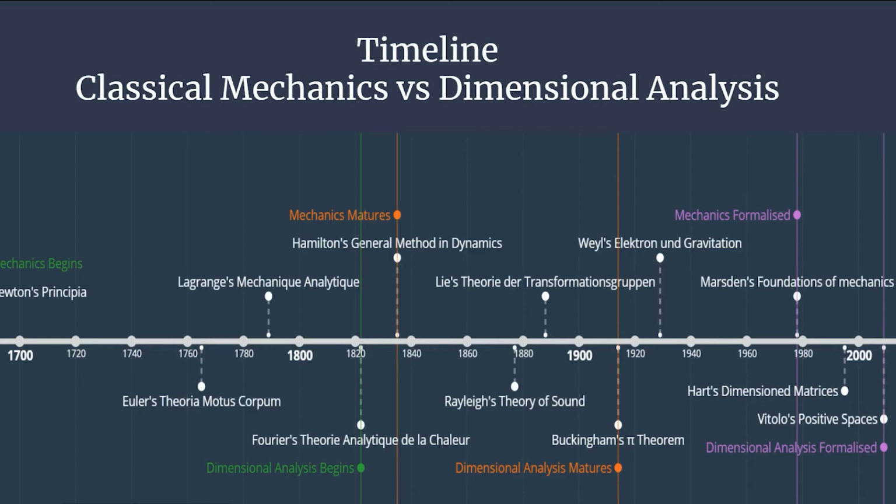So the subject really starts there as we know it today, and it begins maturing, with contributions from Rayleigh. He has a full chapter dedicated to dimensional analysis, and I think the name is already being used in this way, the theory of dimensions, or the method of dimensions, or something like that, he calls it.